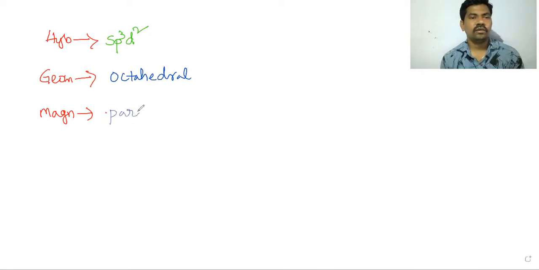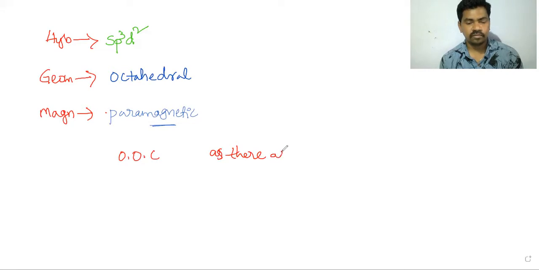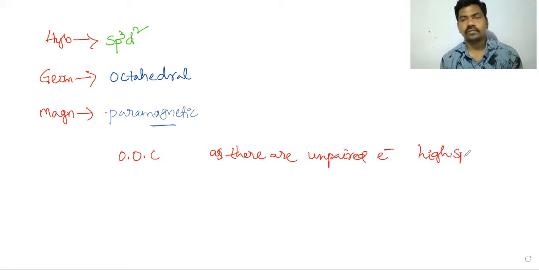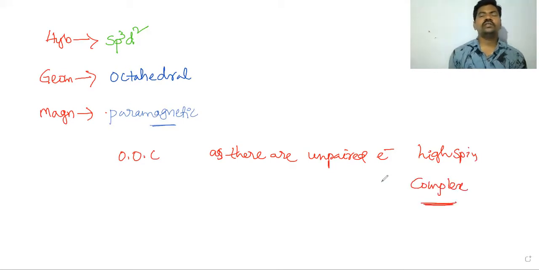And it is an outer orbital complex, as there are unpaired electrons. It is a high spin complex. So like this, you can solve any coordination complex compound.